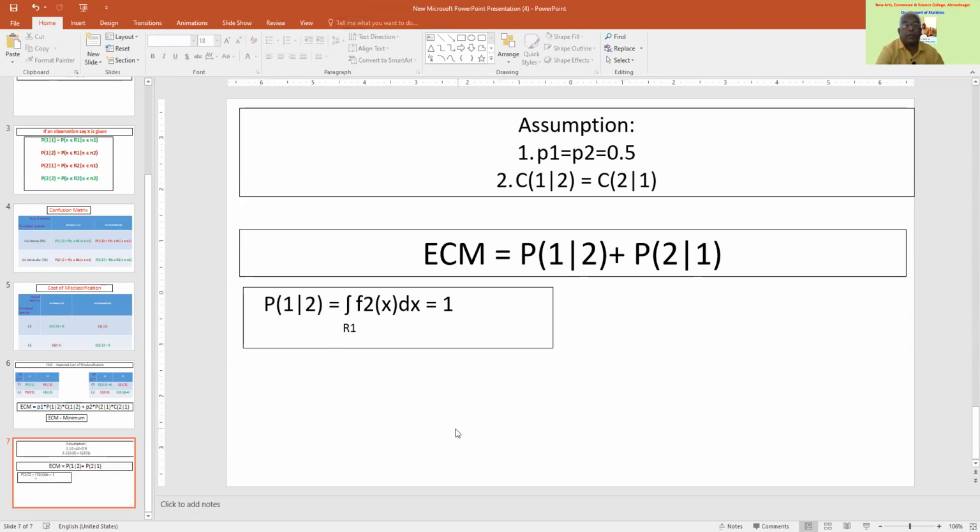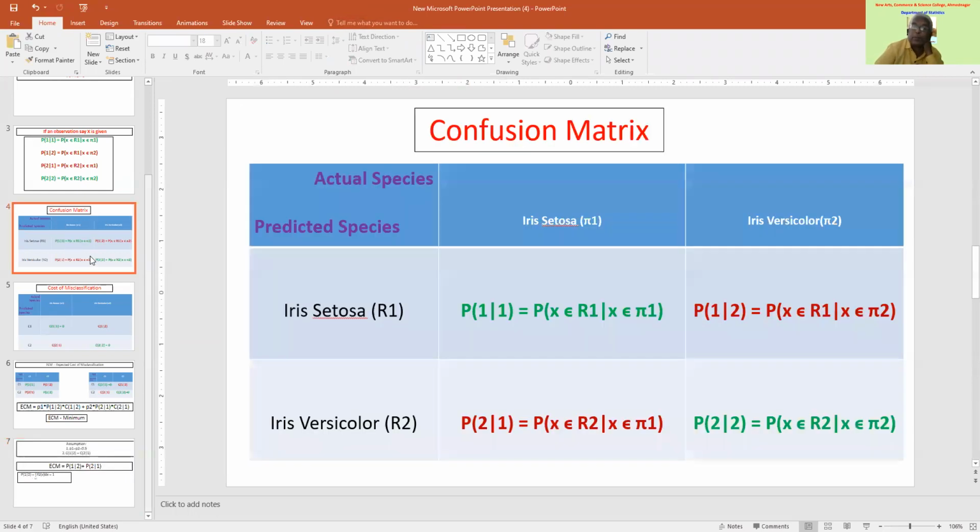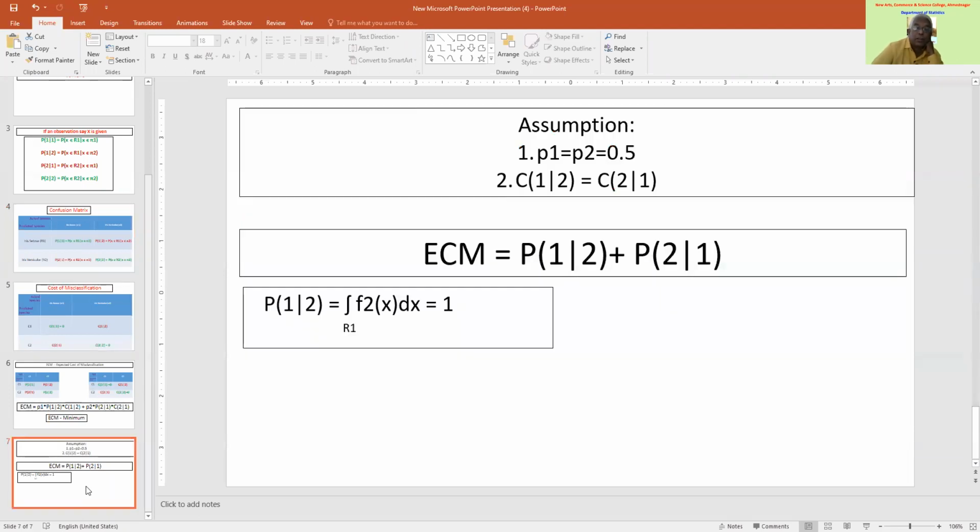Because the probability of 1 given 2 is the probability that the observation belongs to R1, given that it is from pi 2. Originally it is from pi 2, but it belongs to R1. So accordingly, this is the probability of misclassification of 1 given 2.